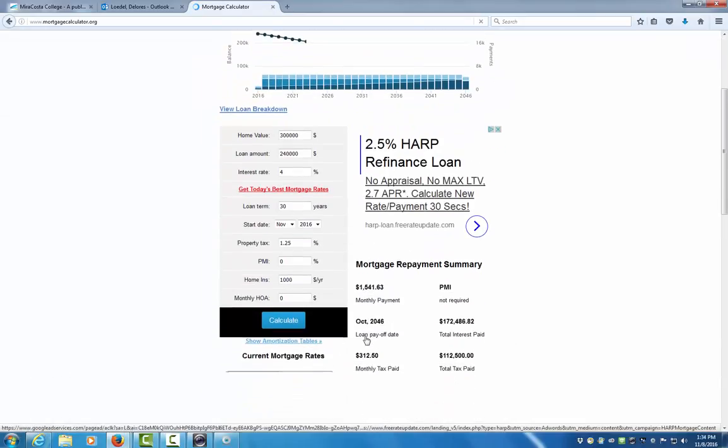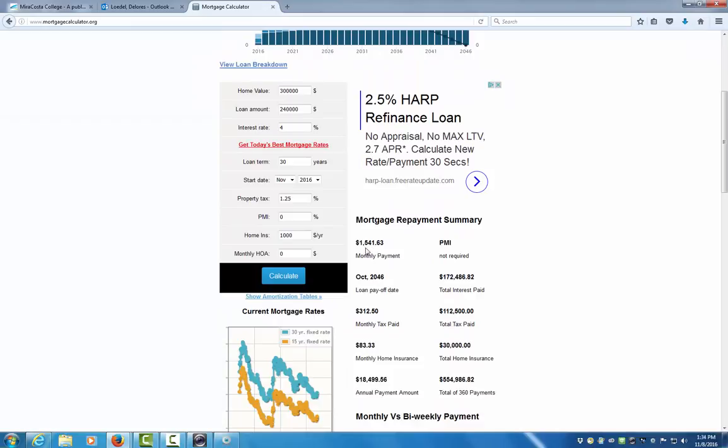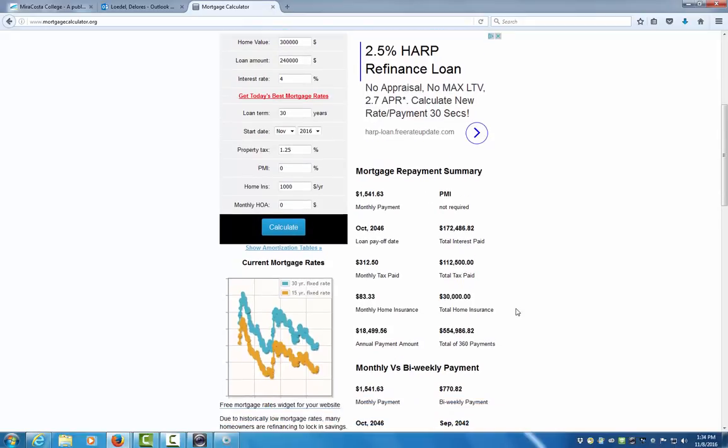Now my payments are going to go down to $1,541, because my loan amount is less, and I'm obviously not going to pay the PMI as well. So if you can manage to come up with an additional $10,000 as a down payment, making your loan amount a little less, then you can avoid that extra PMI charge on a monthly basis.